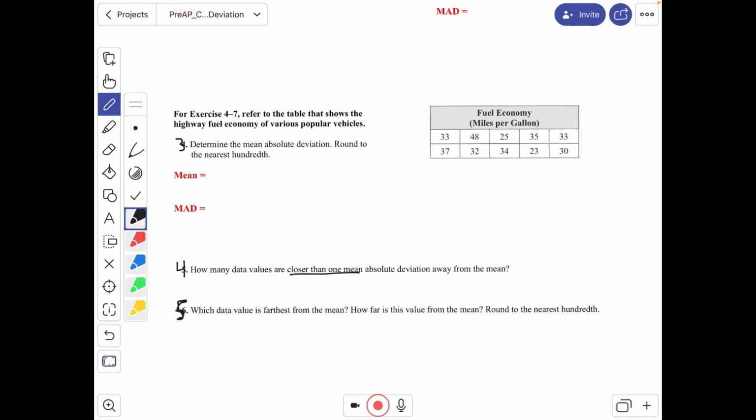So it asks how many are closer than 1 mean. That's when you're going to find the mean and add the MAD, and you're also going to subtract the MAD to find the numbers that we're looking for in between. And then you're going to answer which one is the farthest, and number 6 is how far is that?